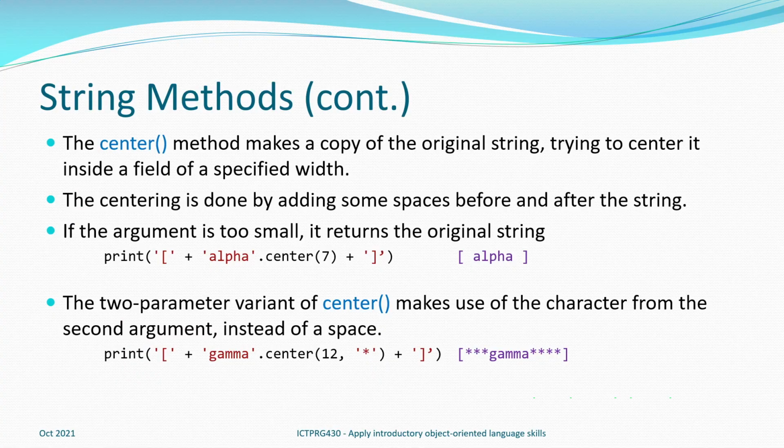The center method is a little different. Okay, so it creates a copy of your original string and then adds characters, whether it's spaces or another value, to either side of your original character set up to the number of characters that are specified in the center argument.